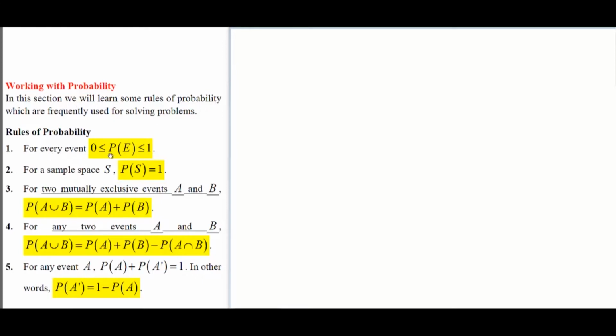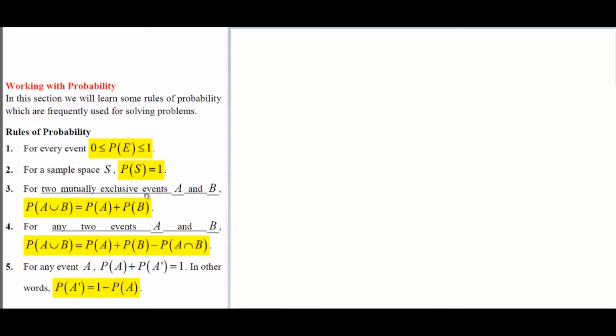First of all, the probability of an event ranges from 0 up to 1. The probability of the sample space is equal to 1, because the number of elements in the event and the number of elements in the sample space will be equal. So the probability is equal to 1 and we call it a certain event.